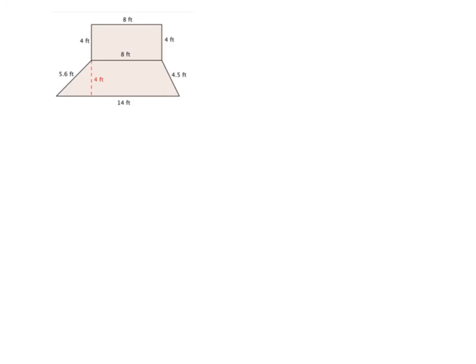This is another example in which you have a rectangle and you have a trapezoid. Okay? Now, for the rectangle, you have the area of 8 times 4. The area of the rectangle is 8 times 4, which is 32 feet square.